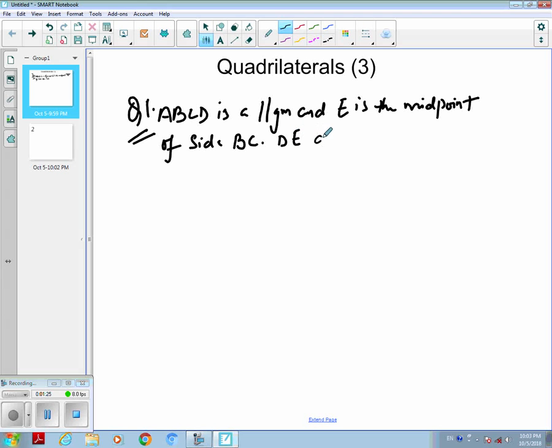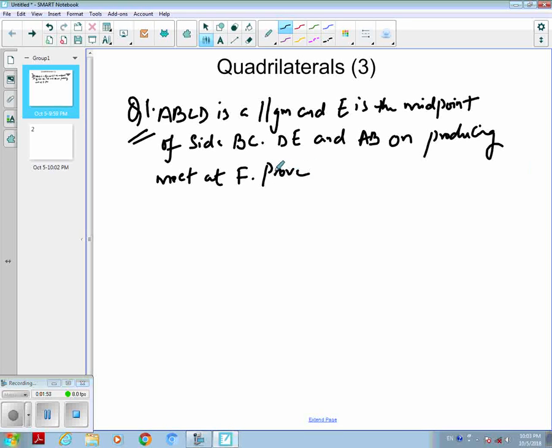DE and AB on producing meet at F. Prove that AF is equal to 2AB.